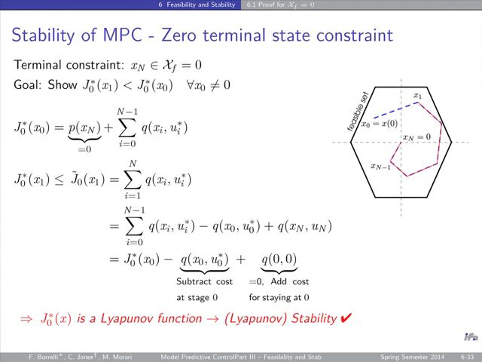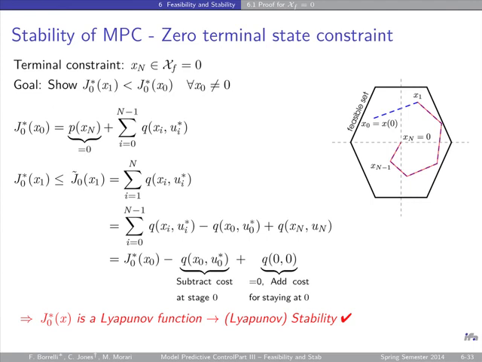So the cost is decreasing in closed loop, the optimal cost. Okay? So q was positive. This is a negative number. Okay? From 0 to 1, J star is decreasing. It was positive definite. It was continuous. This is your Lyapunov function. We have proven asymptotic stability. That is your conclusion here. Questions?